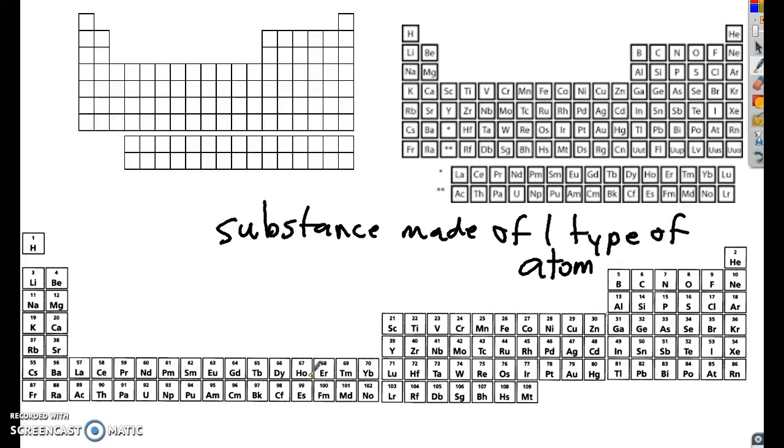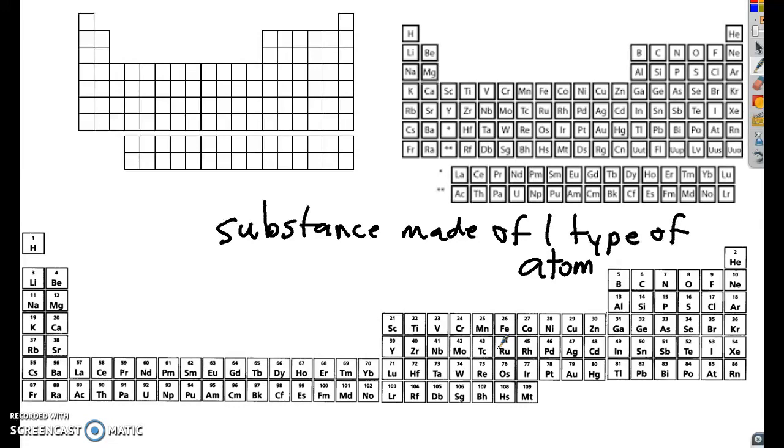This is really just for convenience, so we can put it on a sheet of notebook paper in a reasonable length and still make it big enough that you can read all the parts. If you had to make it long and skinny like this bottom one, the information would be so small that particularly us old people would have a hard time reading it. So we usually chop those two rows out. But just keep in mind that they actually belong right here, and that's what the periodic table should look like if it were complete.